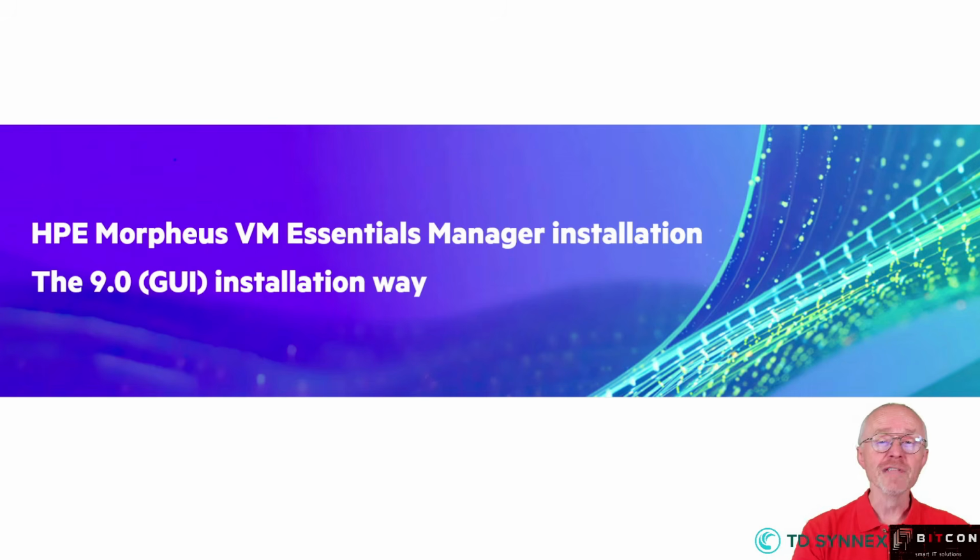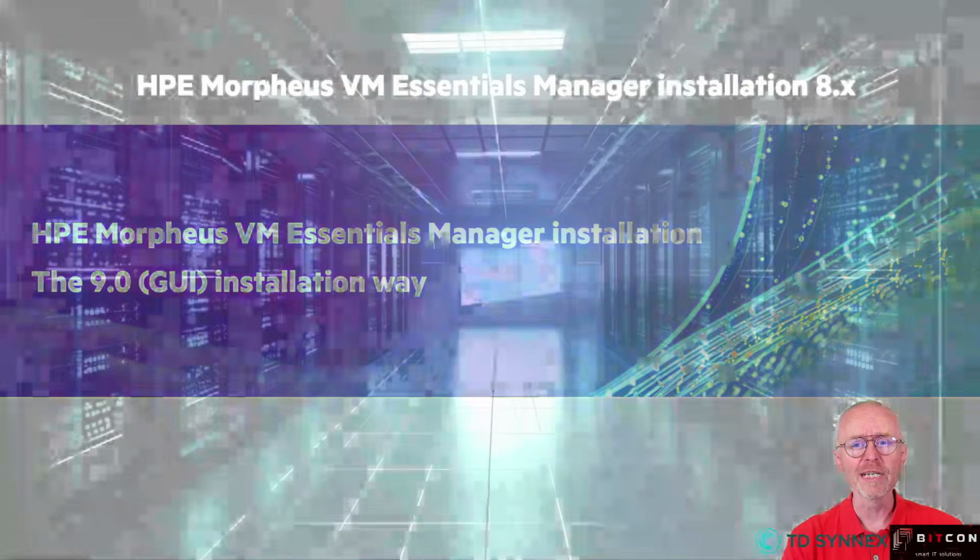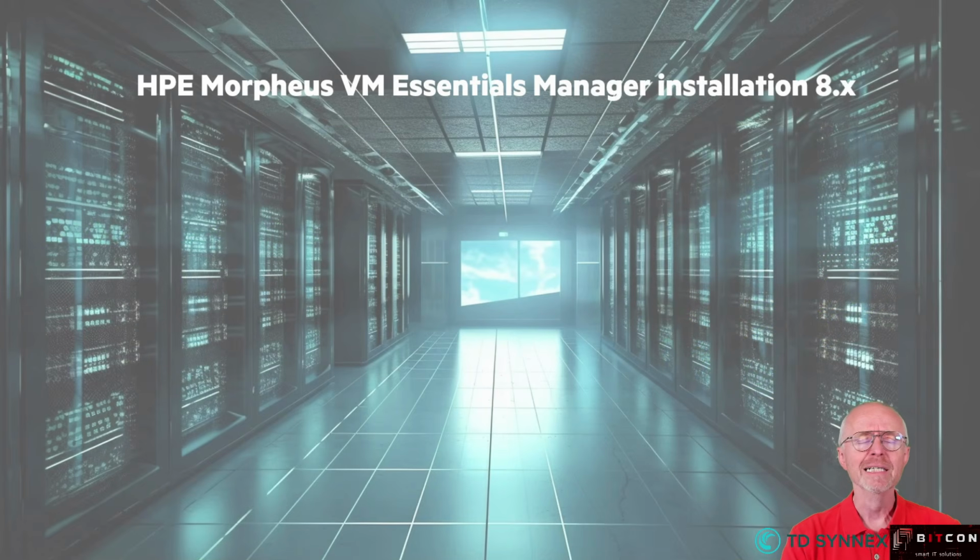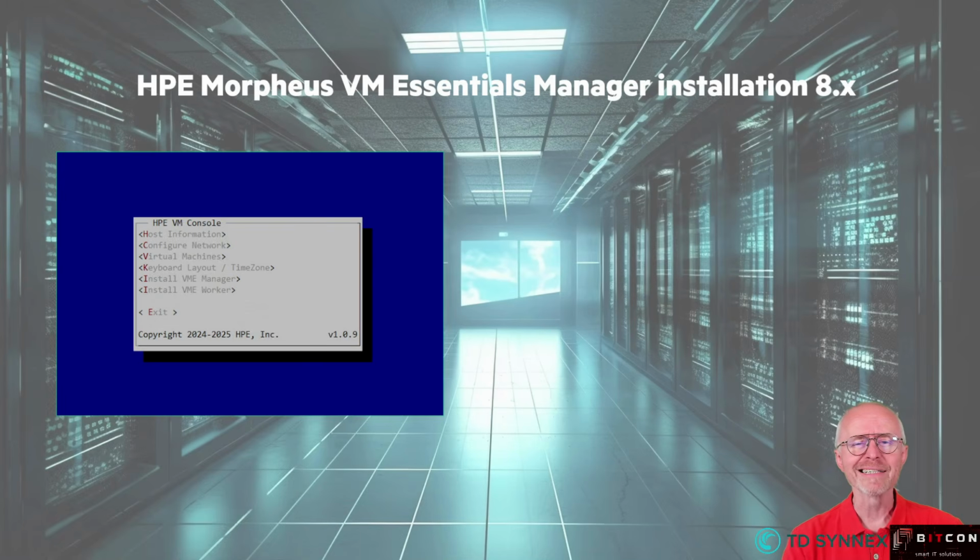So in version 8.x, and probably you have seen my video already about that one, it's still in the archives here somewhere, you will probably recognize this little HPE VM tool that you can access when you connect with PuTTY or another terminal client to your freshly installed HVM OS Ubuntu 24.04 operating system.